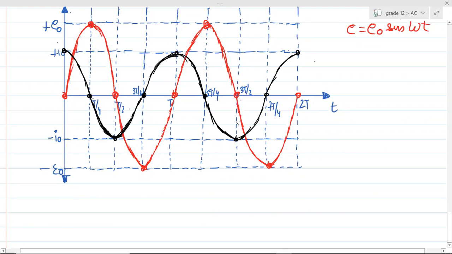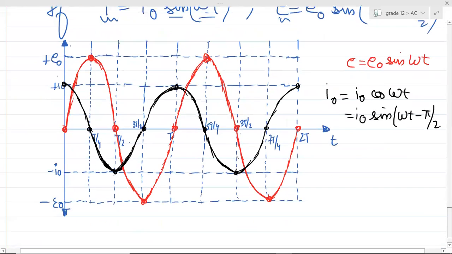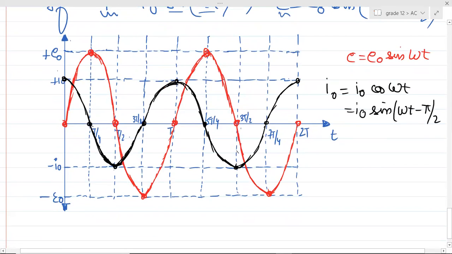So guys, can you see both the graphs? Is the graph clear, guys?